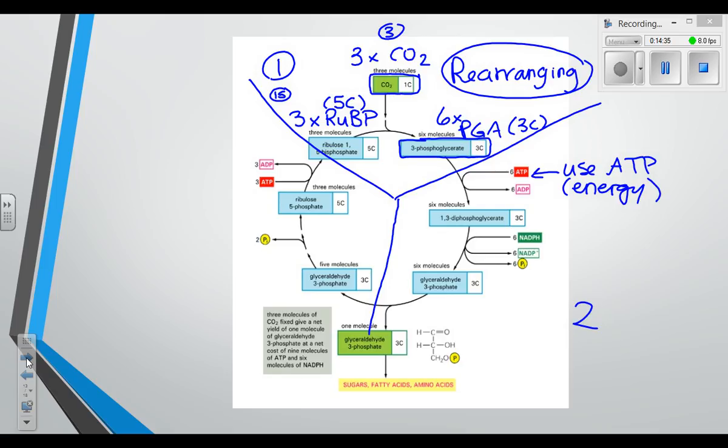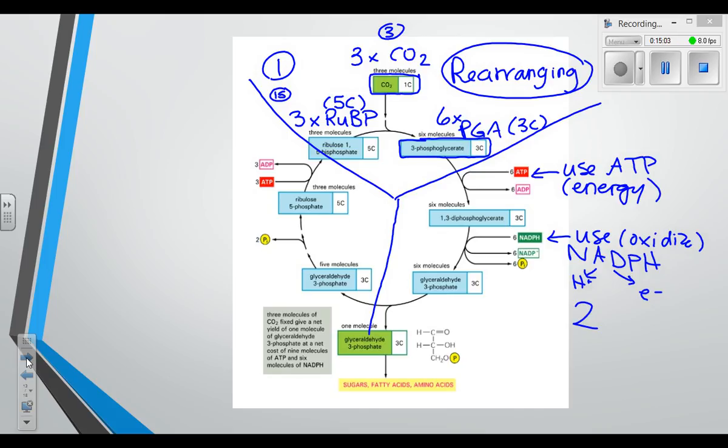ATP will come in, lose its 3rd phosphate like we saw that it does. There will be a molecule whose name I will never ask you. Then I will use, or like I said before, oxidize NADPH. That's giving me a hydrogen. That's giving me some electrons.